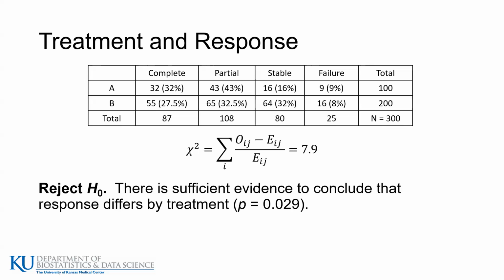So here we observe a test statistic of 7.9, and if we calculate the p-value based on that, we have a p-value of 0.029. So our conclusion would be to reject the null hypothesis and conclude that there is sufficient evidence that the response differs by treatment.